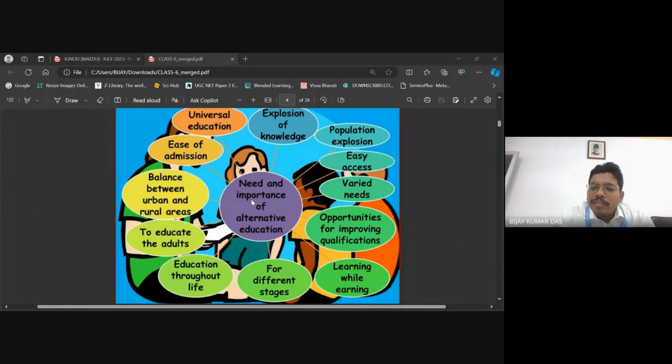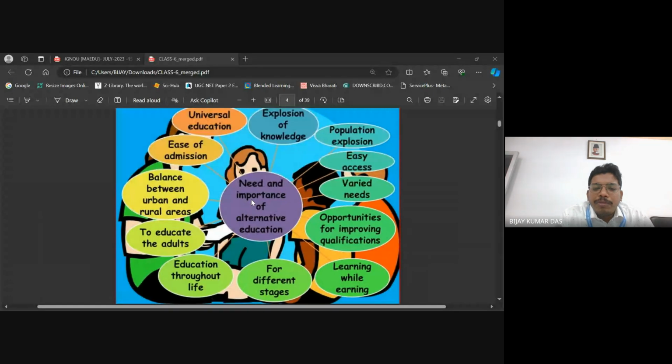So a university or an institution usually cannot cater to all the needs of a variety of people. Suppose 10 people have 10 different needs for a course. But when there is an alternative form, they can get admitted easily and they will benefit.